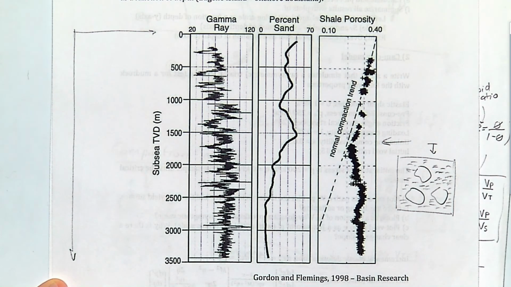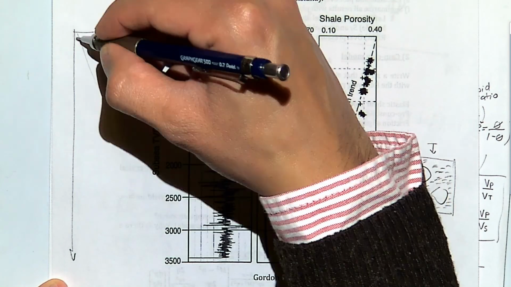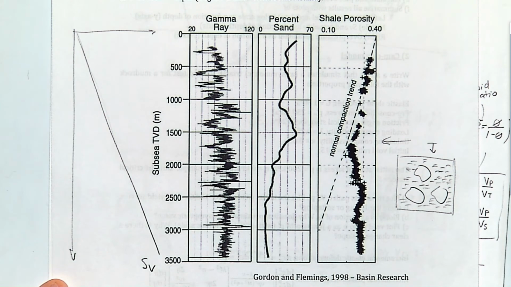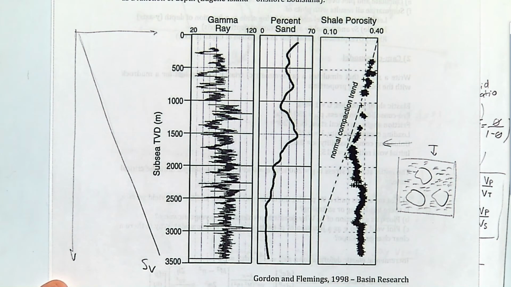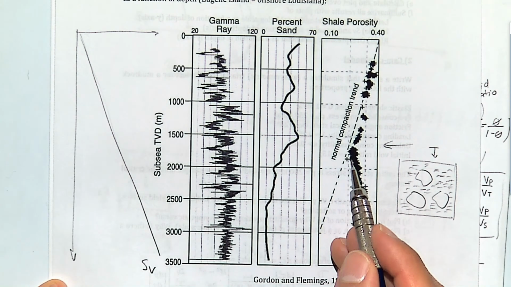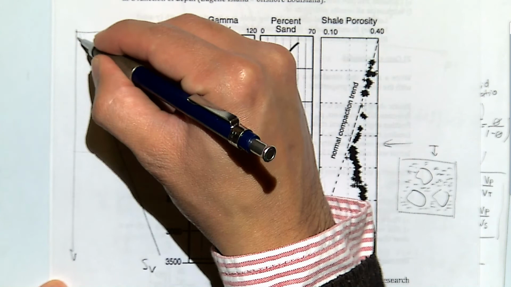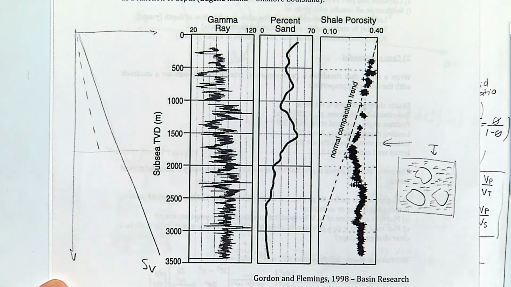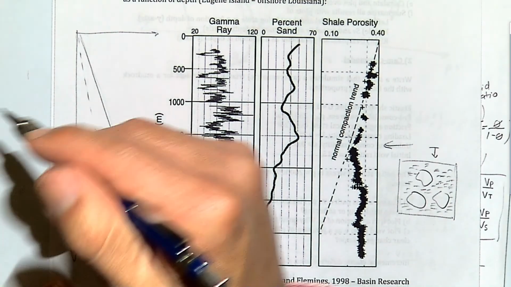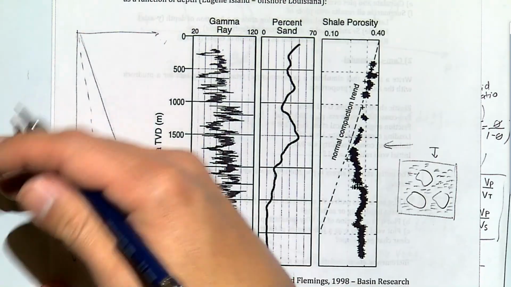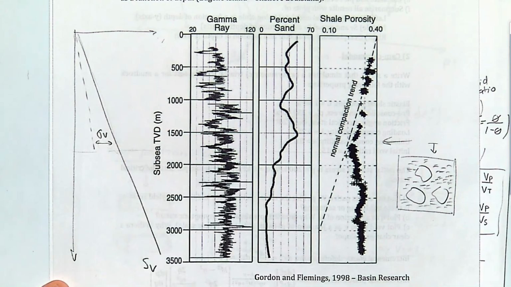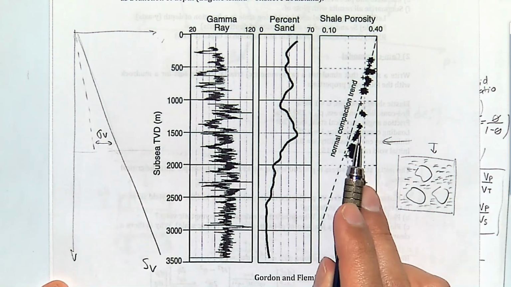So if we were to make a plot of vertical stress, that one is going to always increase. If we were to make a plot of pore pressure up to this point, pore pressure also will increase, but it will increase less than the vertical stress. That's why effective stress is increasing. If effective stress is increasing, porosity should be decreasing.